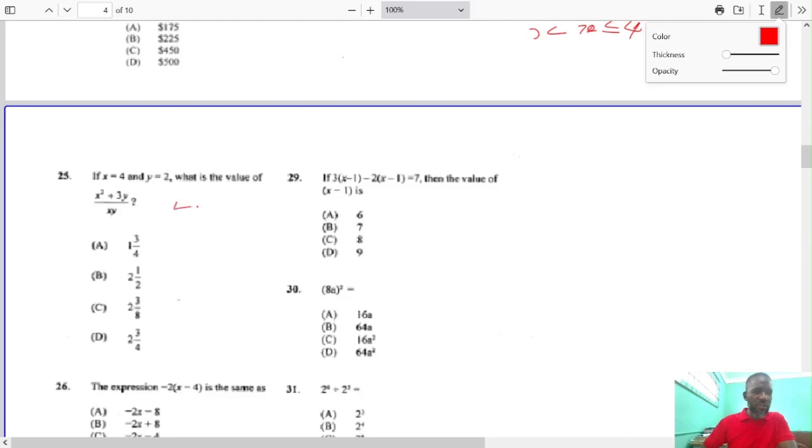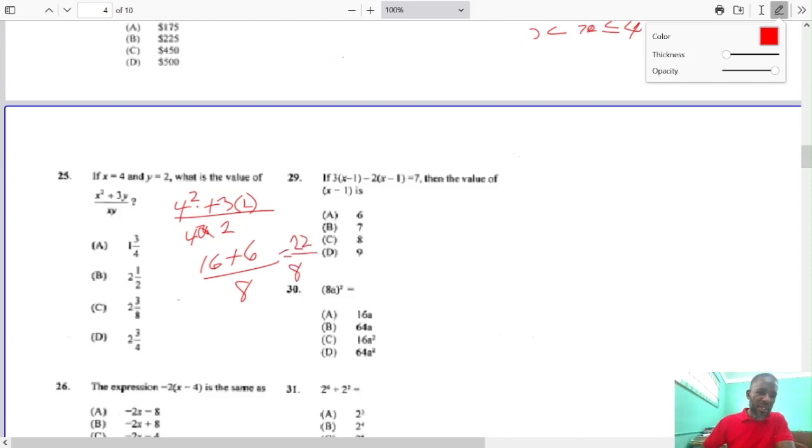So we have 4 squared plus 3 times 2 divided by 4 times 2. So basically we have 16 plus 6 divided by 8. So here we have 22 divided by 8.